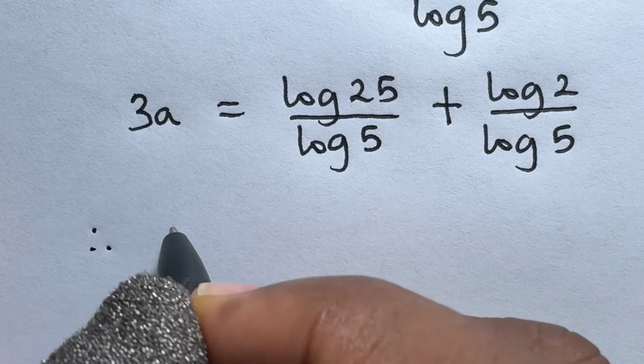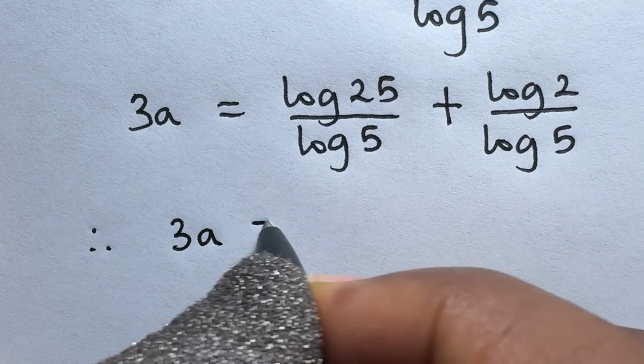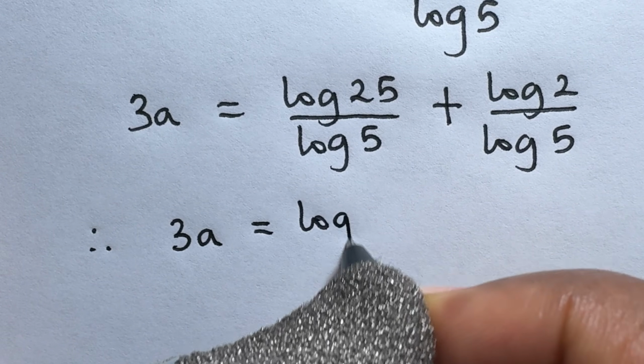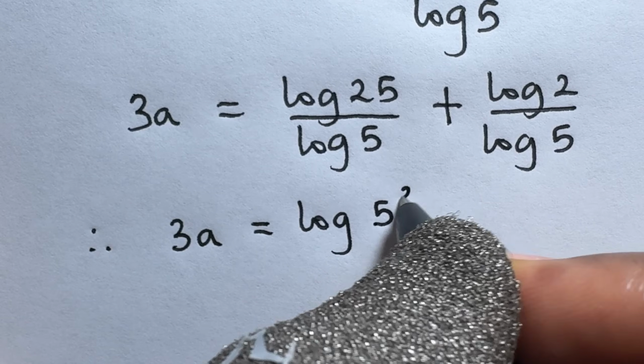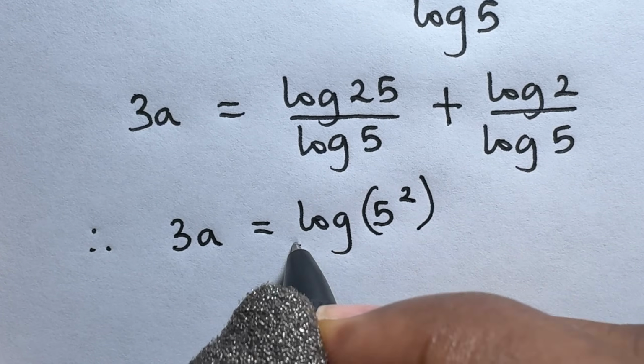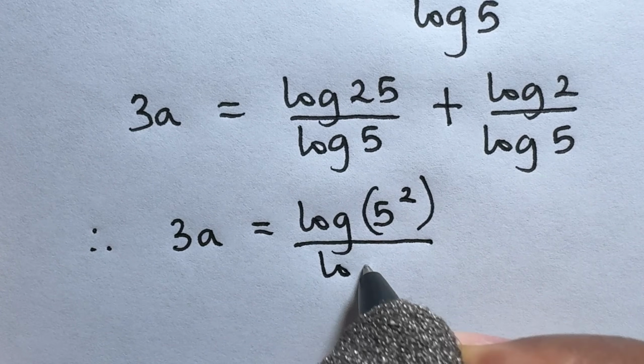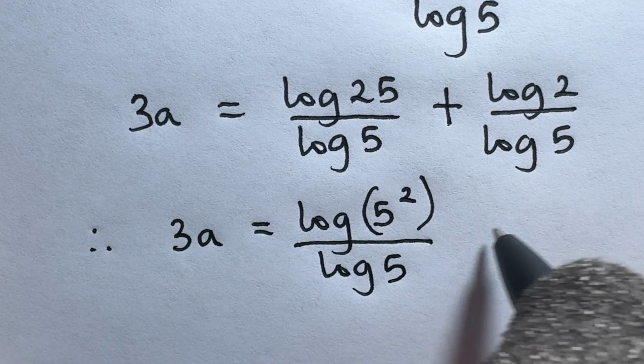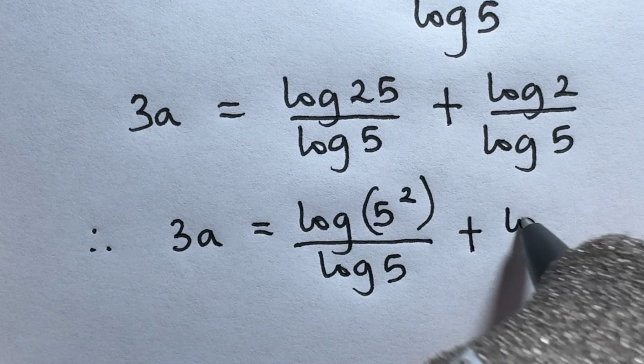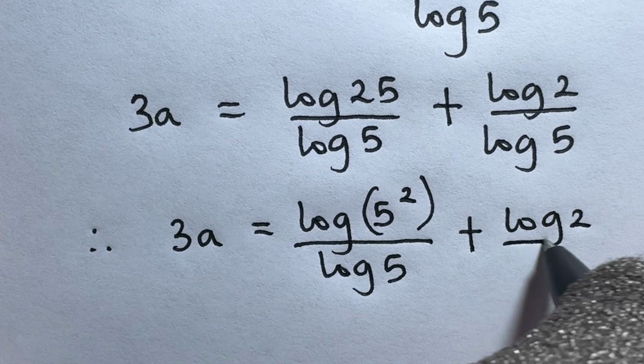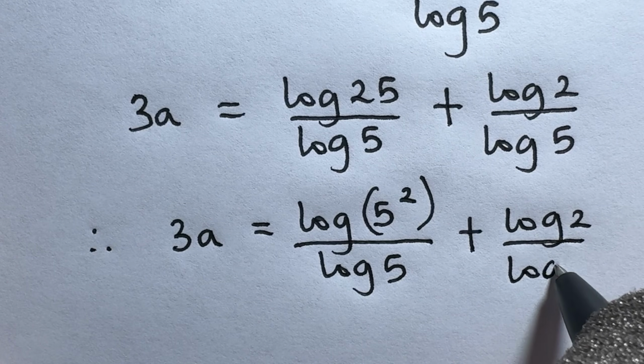Therefore, this gives us 3a equal to log 25, which is 5 raised to power 2, then divided by log 5, then plus log 2 divided by log 5.